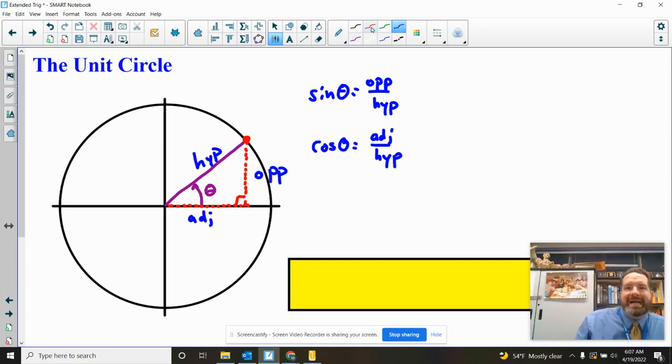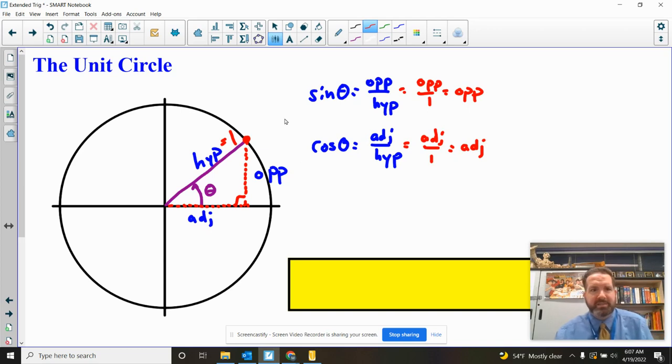We're going to define this hypotenuse length to be the number 1. If I do that, then this becomes opposite divided by 1, just opposite. This becomes adjacent divided by 1, which is just adjacent.